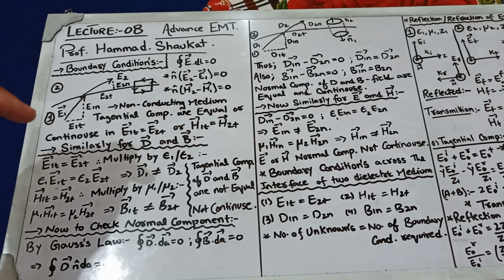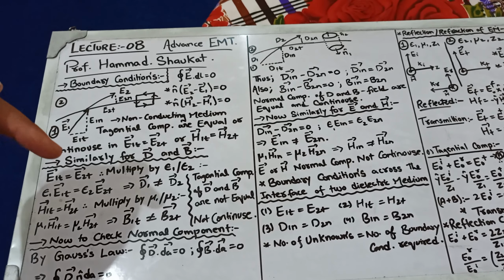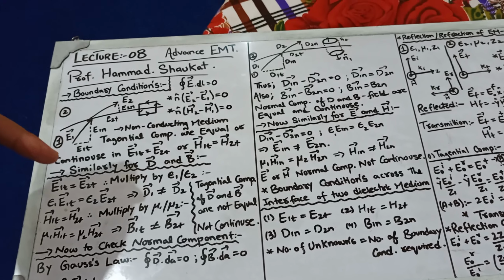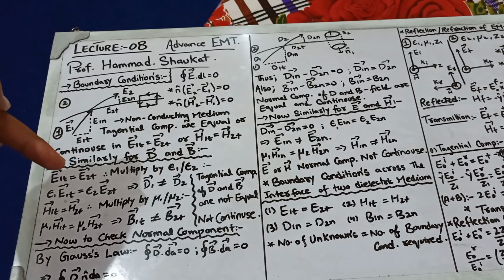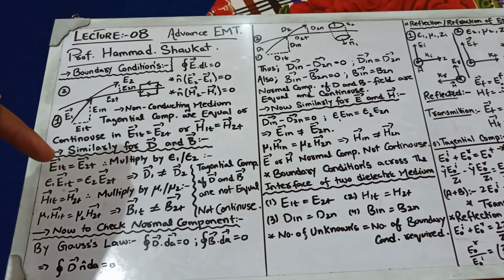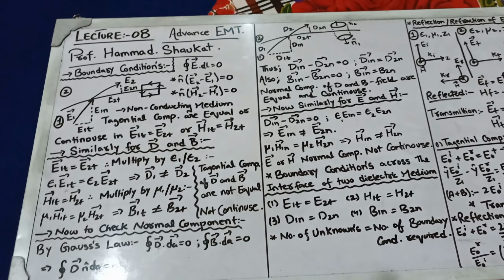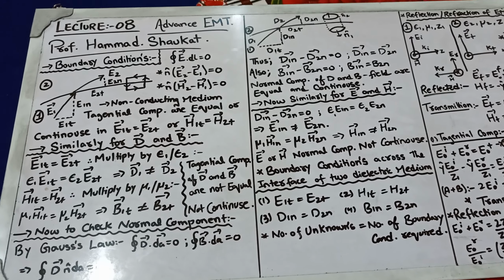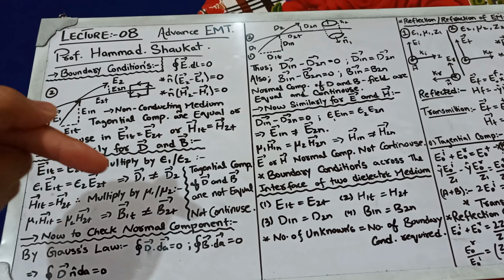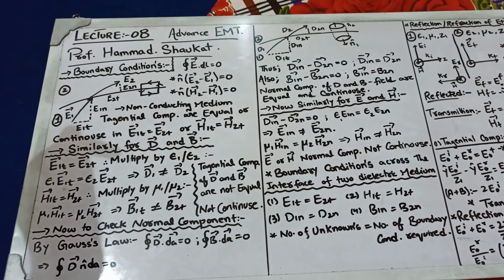As you know, D equals epsilon E, so this we already know. We have E1t equals E2t. When we multiply this side by epsilon 1, and the other side we have to multiply by epsilon 2, then epsilon 1 E1 becomes D1, and epsilon 2 E2 becomes D2.